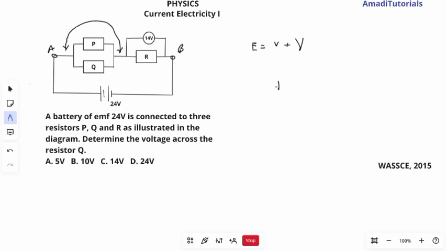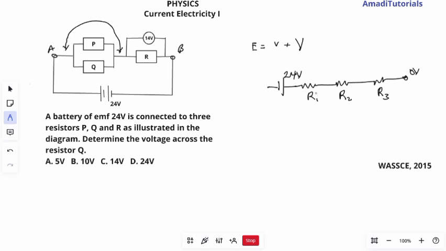It's just like when you have a cell, and then you have the first resistor, second resistor, and third resistor. If EMF from here is 24 volts, after the last one the reading will be 0 volts. That means each of these resistors R1, R2, and R3 will take a part of this voltage.